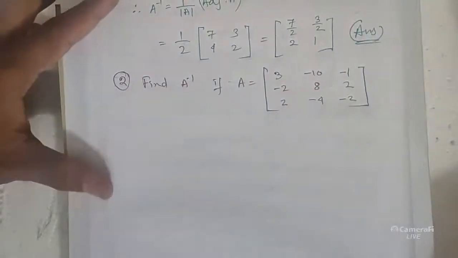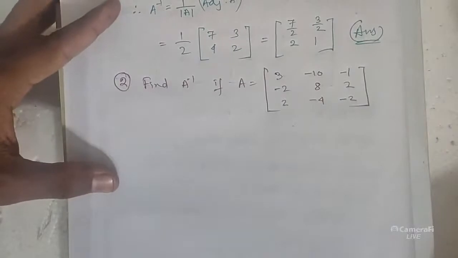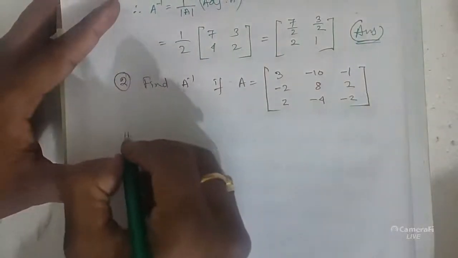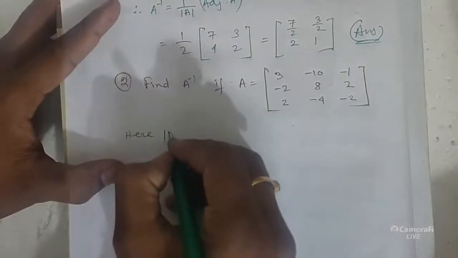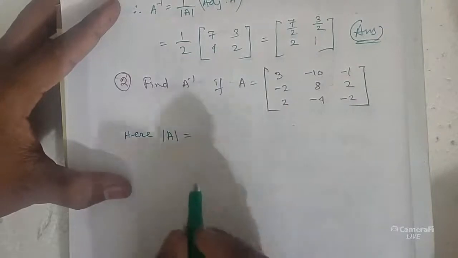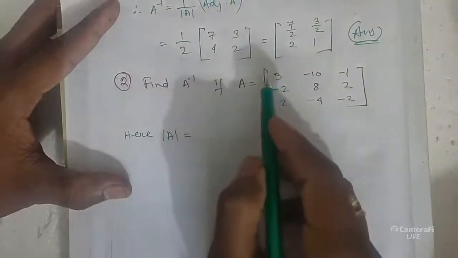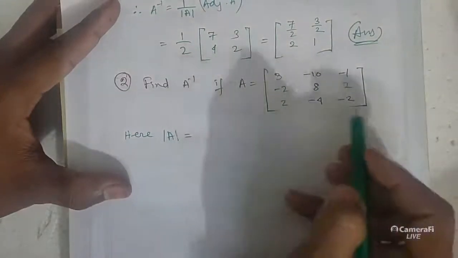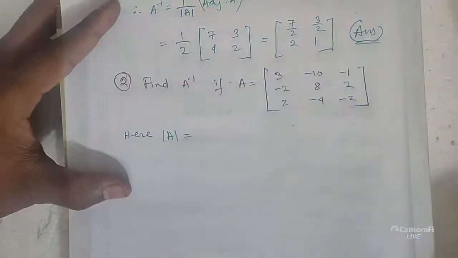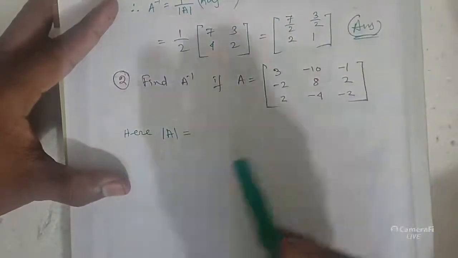So in the same way, first we have to find the determinant value. Here determinant A is equal to, what will be the determinant value? We have to expand this determinant using any row or any column. Through any row or any column we can expand it.